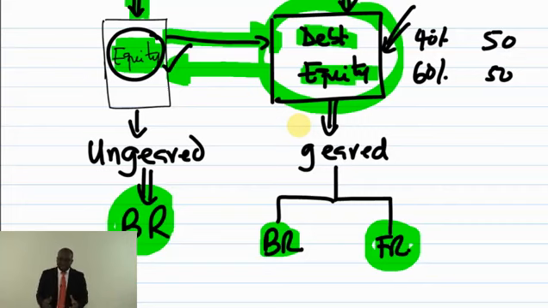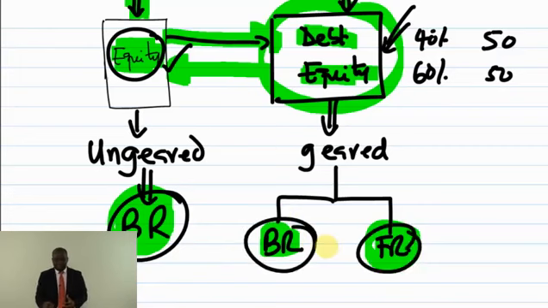Therefore, if the WACC comes on the basis of business risk and financial risk, then the best capital structure should be the one that will bring the WACC to its minimum. The moment the WACC is at its minimum, the present value of the future cash flows will be at its maximum. And that is the point we will say we have achieved maximization of shareholders' wealth. And that is the argument.